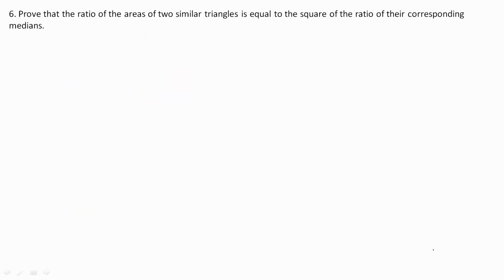The next question is, prove that the ratio of the areas of two similar triangles is equal to the square of the ratio of their corresponding medians.